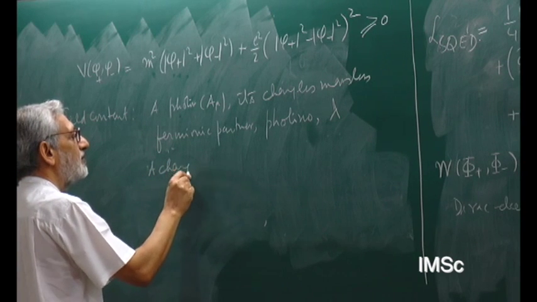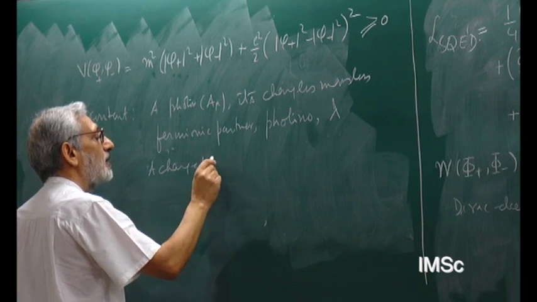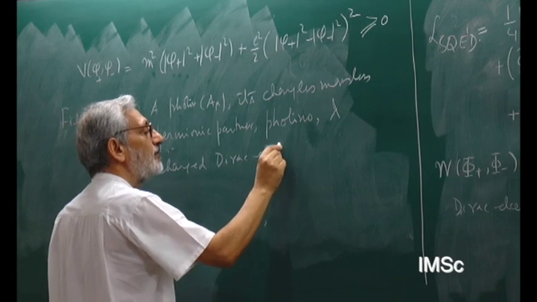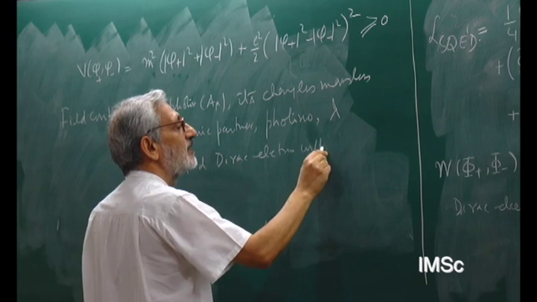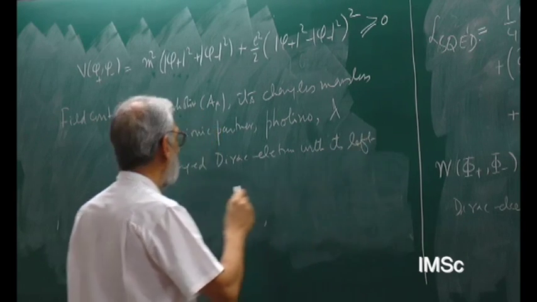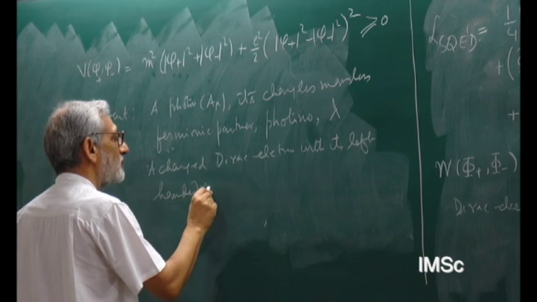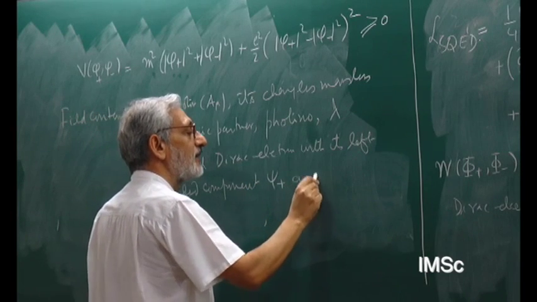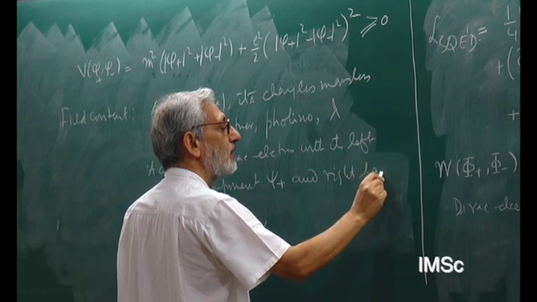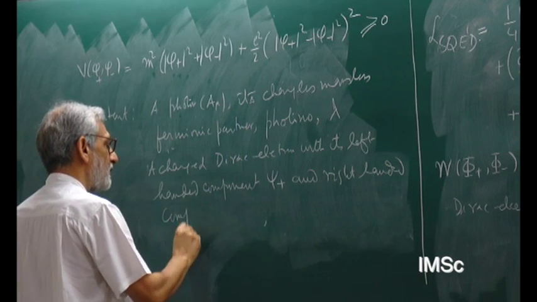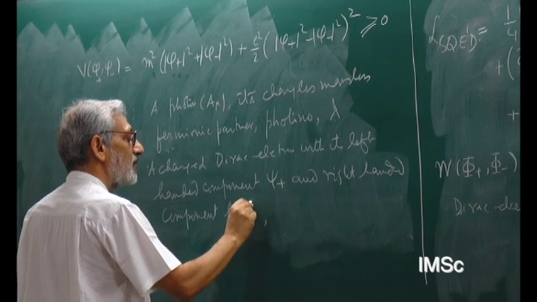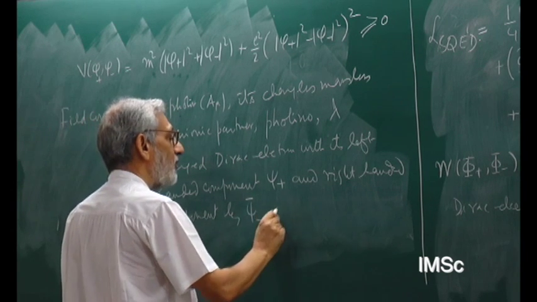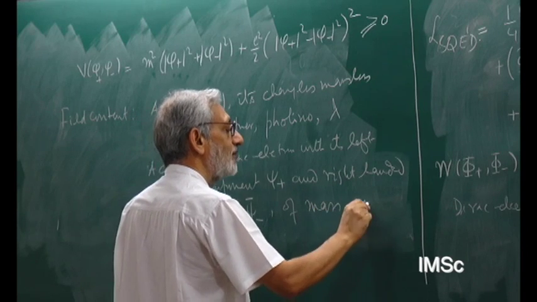A charged Dirac electron, with its left-handed component given by psi plus and right-handed component by psi minus bar, of mass m.